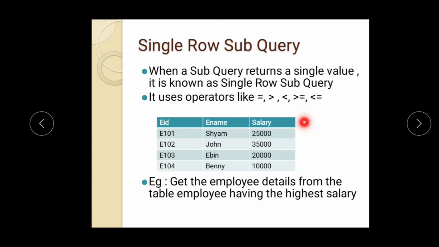So what is a single row subquery? You can get more clarity only if we explain it using an example. This is the employee table that we are going to consider. The question is: get the employee details from the table employee having the highest salary.